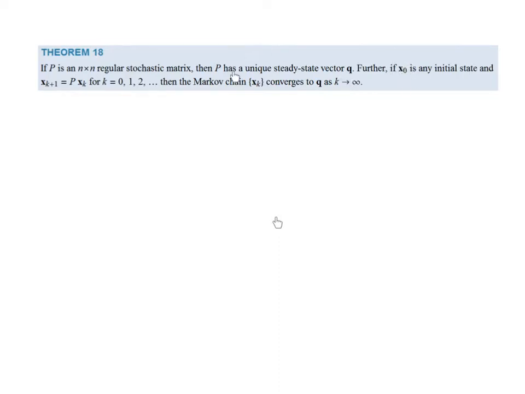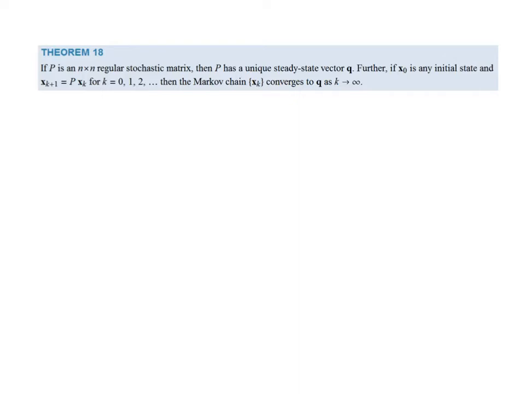Q is based on P. So in the case of the voting example, in the case of the population distribution example, it didn't matter what the starting point was. I would always approach that steady state Q. Kind of cool stuff.